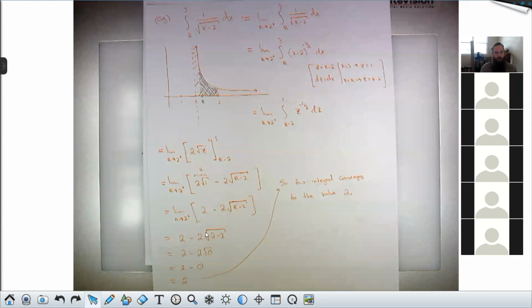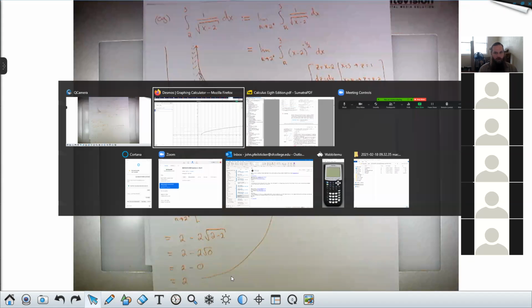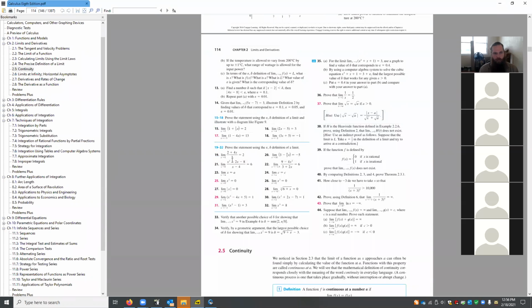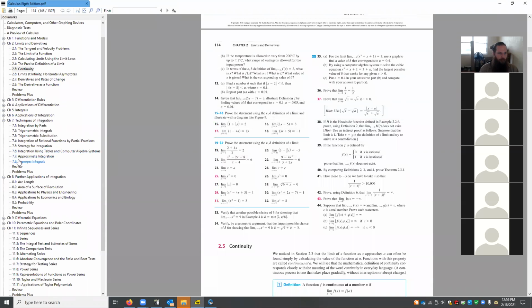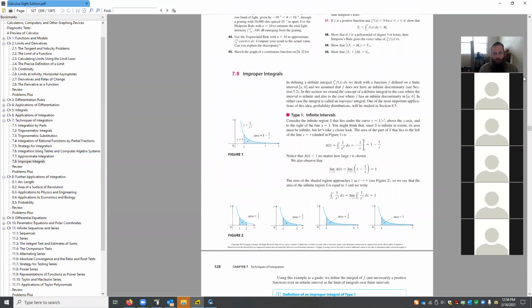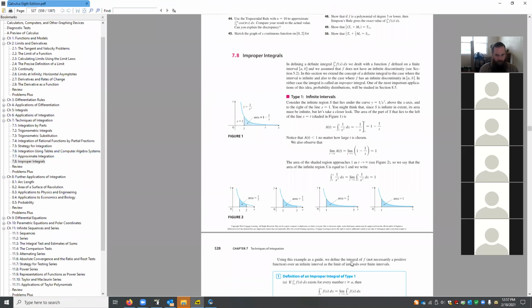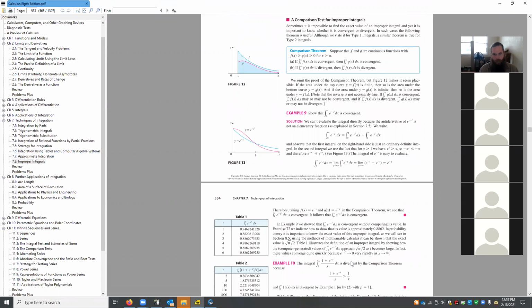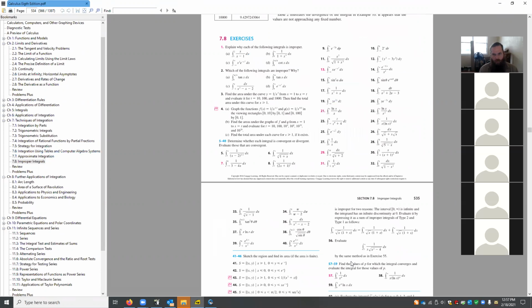Okay. So let me grab a slightly more challenging problem, and then I'm going to show you some theorems. Let's look at something that mixes together some of these challenges. So there, we're not doing this.